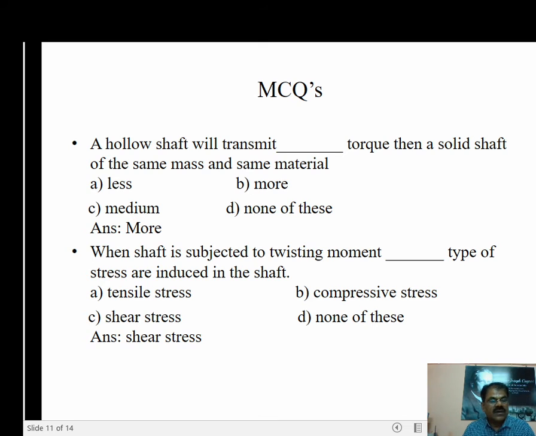Option A is tensile stress, B is compressive stress, C is shear stress, and D none of these. So what is the answer? Shear stress is induced in the shaft.